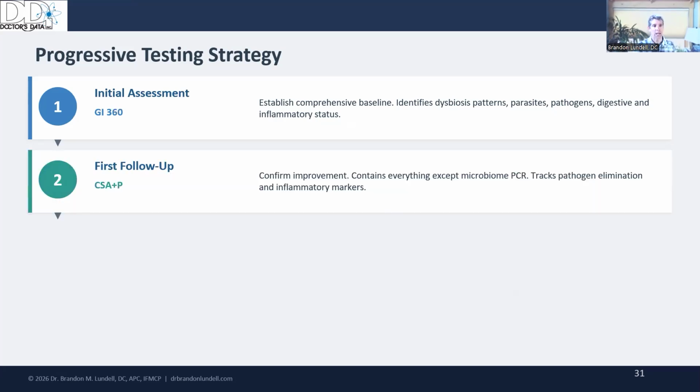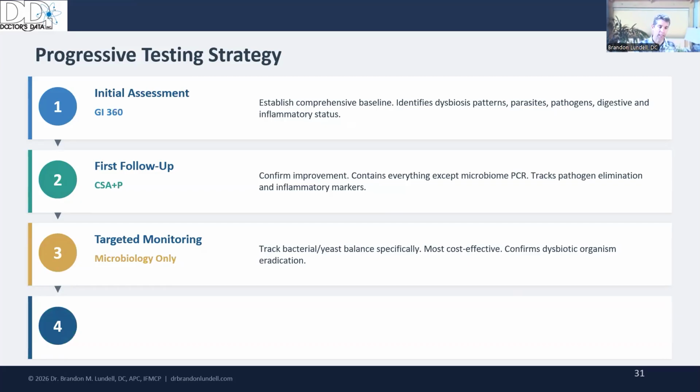So a lot of times the first follow-up will either be the CSA plus parasitology if there is something off in the parasitology, or just the CSA. And oftentimes then the microbiology, we only need to do the microbiology, and we'll show that if there's bacterial yeast imbalance specifically. It's the most cost effective, and it confirms dysbiotic organisms, and it gives you a little information about the commensal bacteria as well.